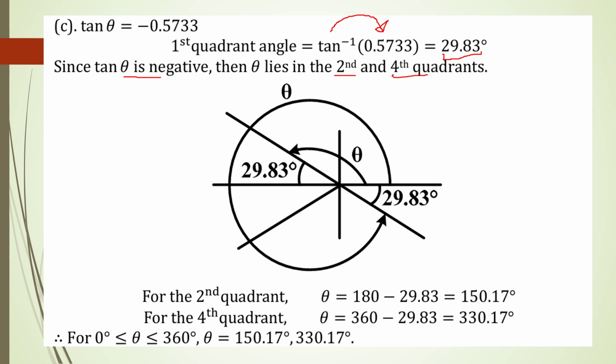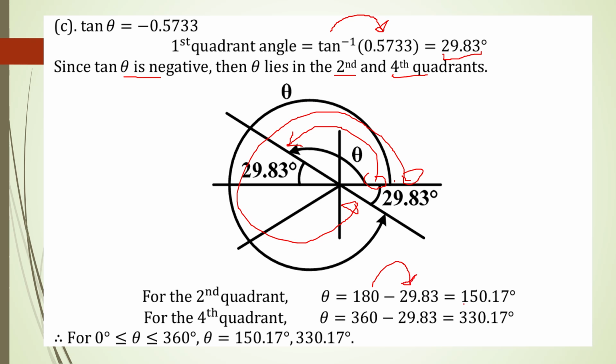And then you make a sketch where the first angle is going to be from the second quadrant and the other angle is going to be from the fourth quadrant. We measure angles starting from the positive x-axis. So we get the angle from the second quadrant as 180 minus theta, which is the same as 180 minus 29.83 degrees.